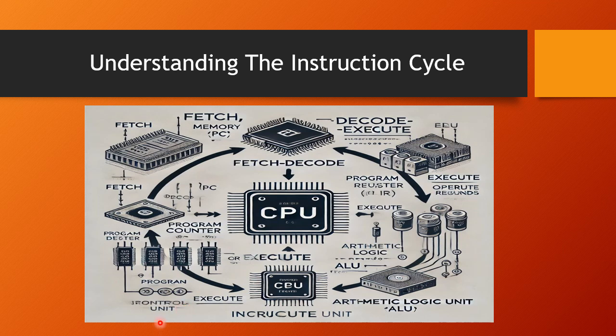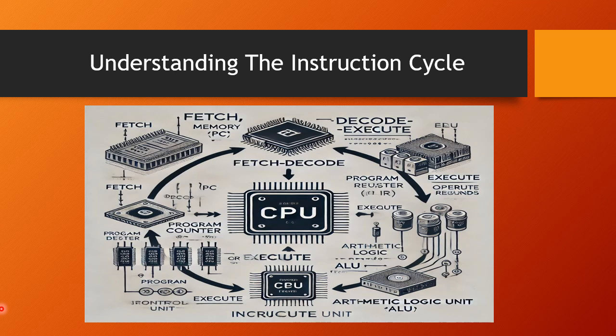The function of the control unit is that it decodes the instructions into machine level commands. Please, I hope you're taking notes in this video. It decodes the instruction into machine level commands.